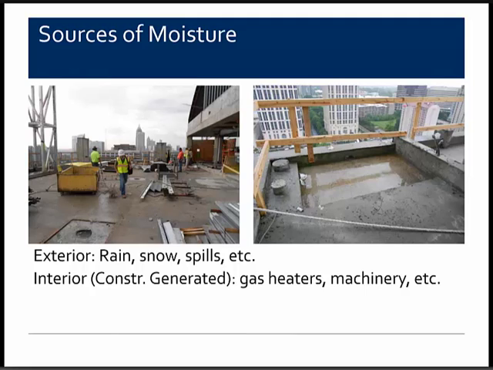However, in the winter months, all the heaters generating heat for the workers put moisture into the air, and it usually ends up on the underside of the deck. Depending on the number of heaters they're using, it could definitely cause failures in your roof system.